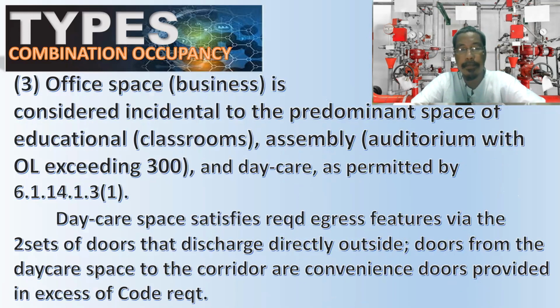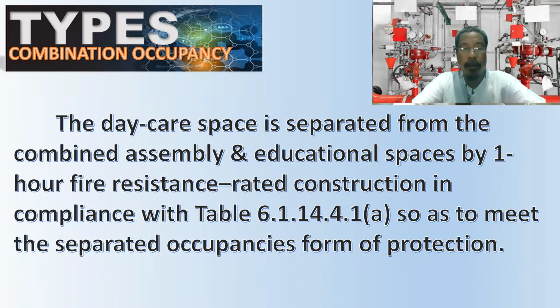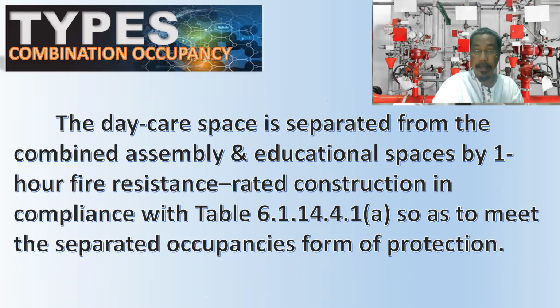With that, daycare space is separated from the combined assembly and educational spaces by 1 hour fire resistance rated construction in compliance with table 6.1 and 14.4.1a, so as to meet the separated occupancies form of protection.